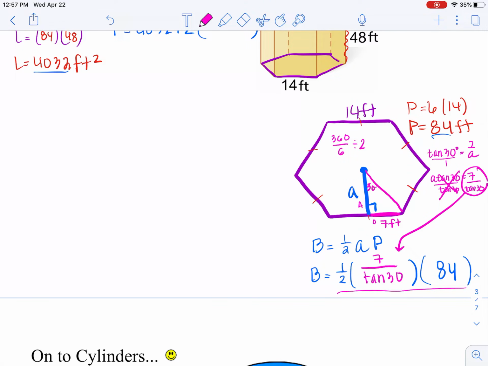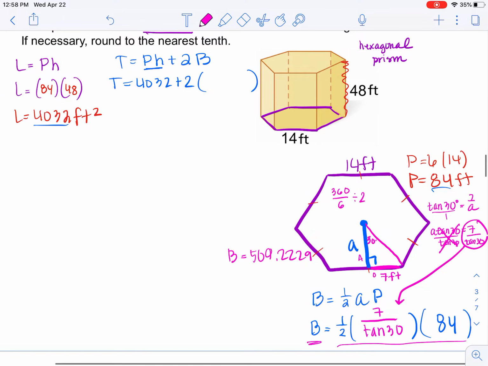Okay, now, is this my final answer? Is the base my final answer? No. So remember, if we get a decimal and it's not our final answer, you're going to write down 4 decimal places, which is 509.2229, okay? And then you're going to plug that in right here, 509.2229.